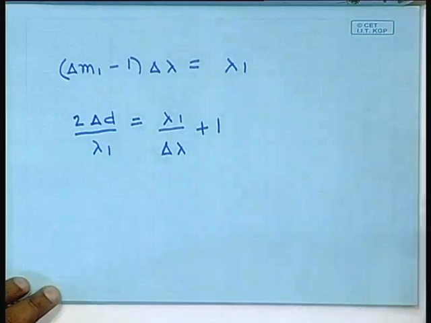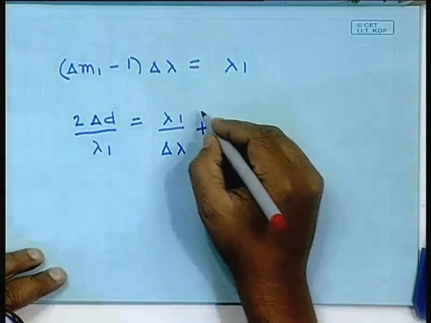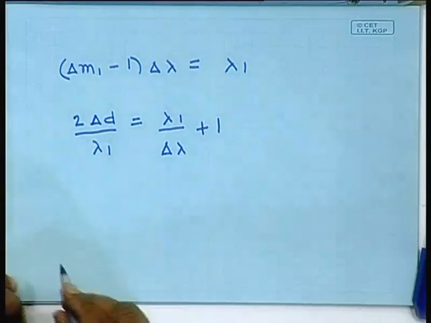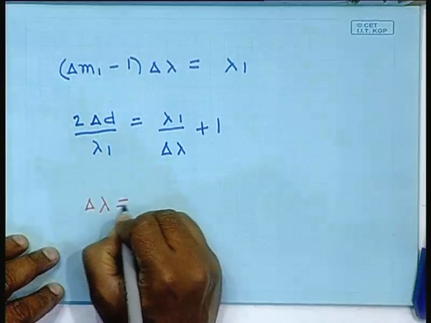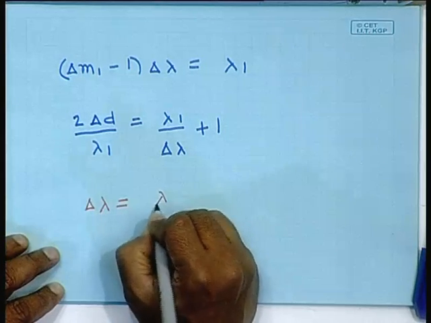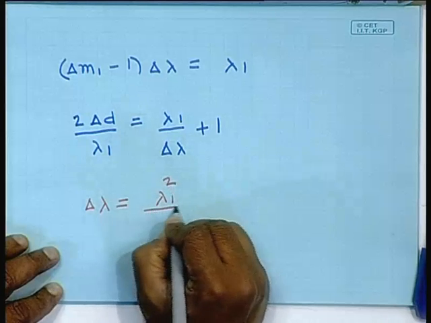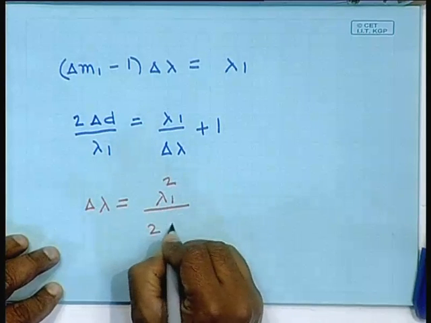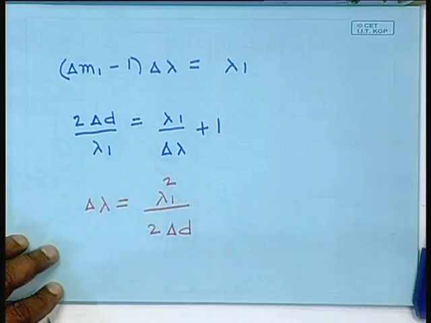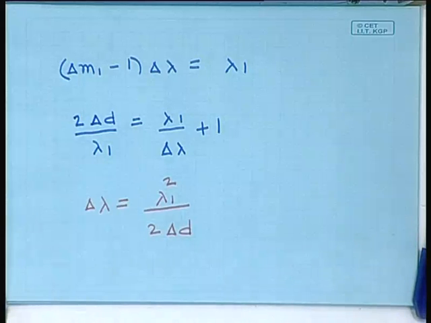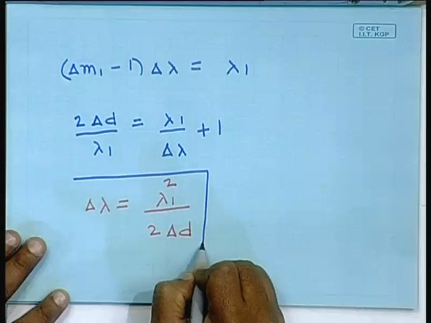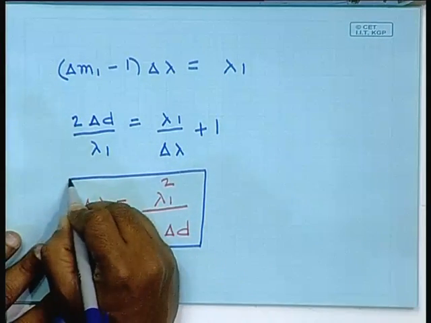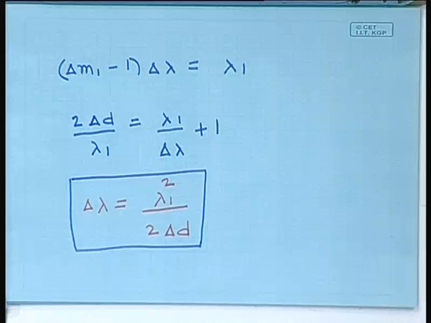So, we can forget about the term 1 over here, and what this tells us is that delta lambda is equal to lambda 1 squared by 2 delta D. So, this is how you can determine the difference in the wavelengths of the two spectral lines which you have in your light.